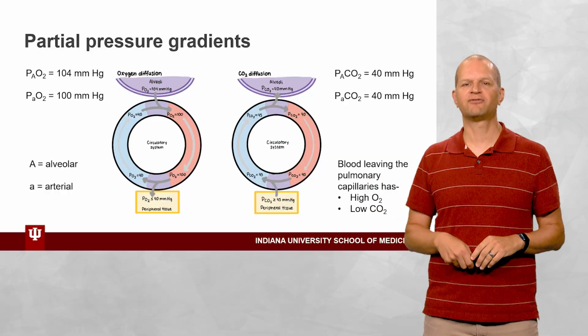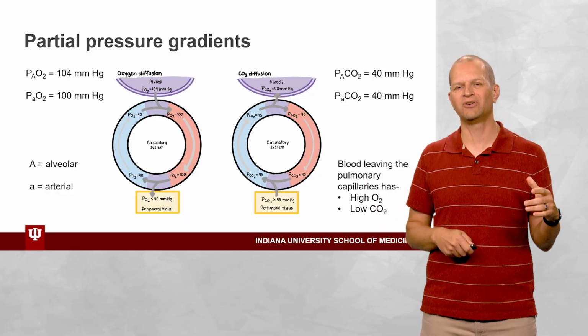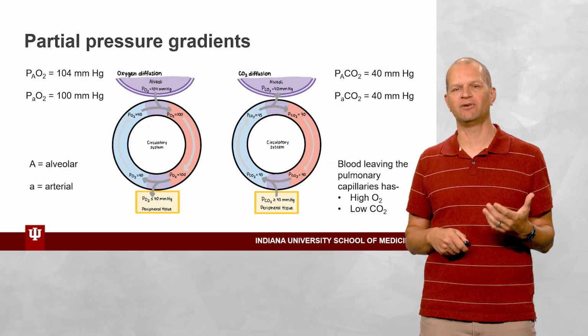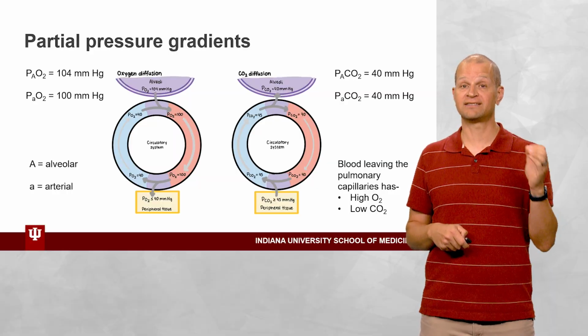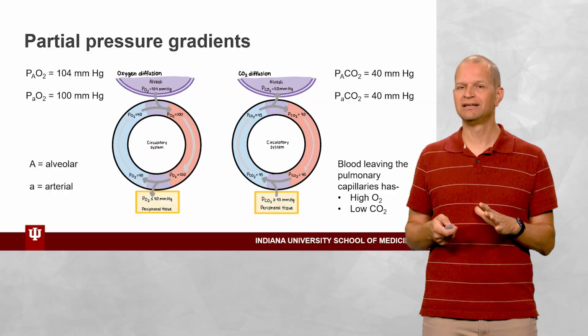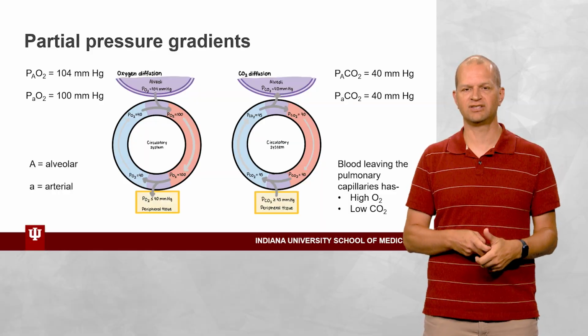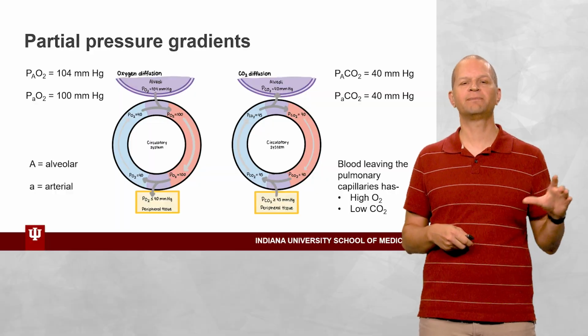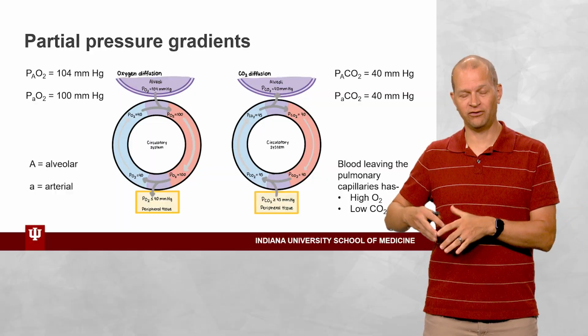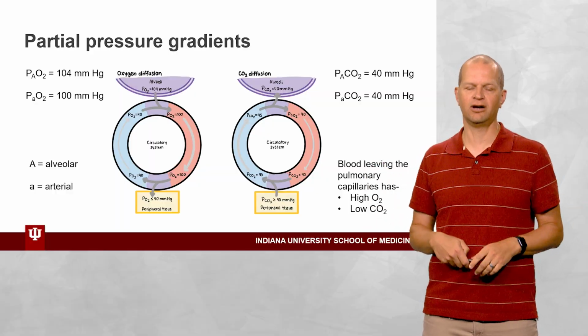If we do the same thing for carbon dioxide, carbon dioxide in the alveoli is about 40, and in the arteries is about 40. We have better diffusion, which we've talked about, of carbon dioxide than we do of oxygen. Remember that blood that leaves the pulmonary capillaries is hopefully going to have high oxygen and low carbon dioxide.